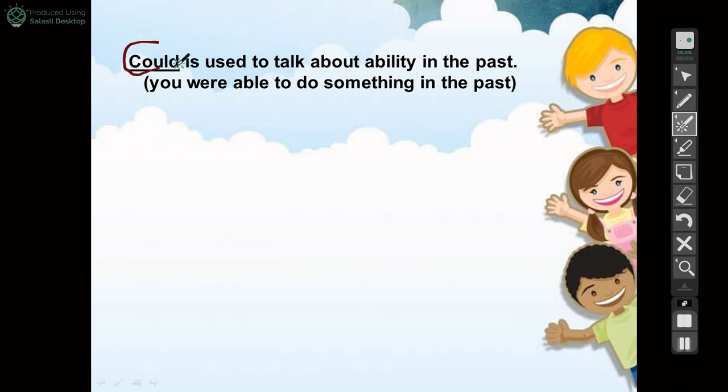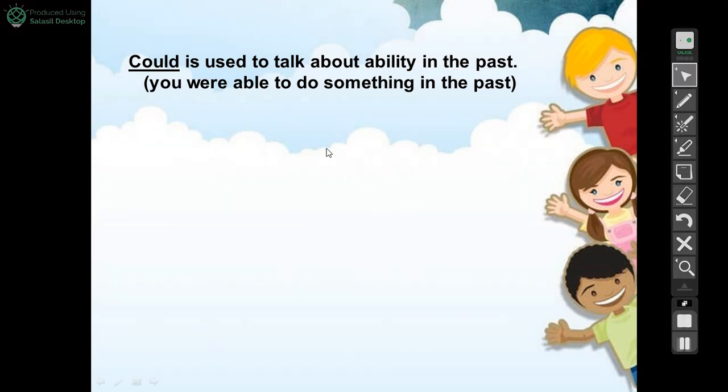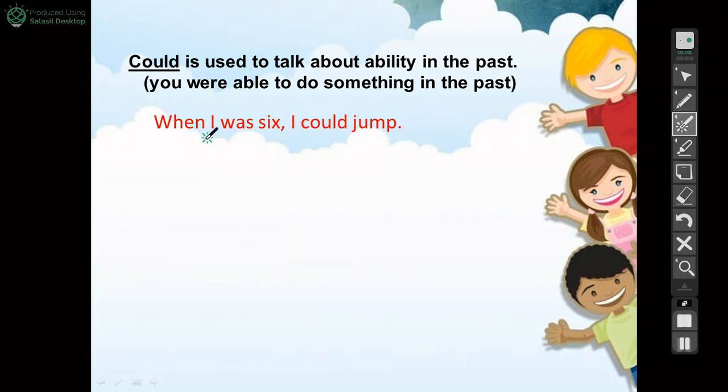نستخدم could to talk about القدرة على فعل شيء in the past, في الماضي. Okay? Now, this is an example. When I was 6, I could jump. Here, that happened in the past.